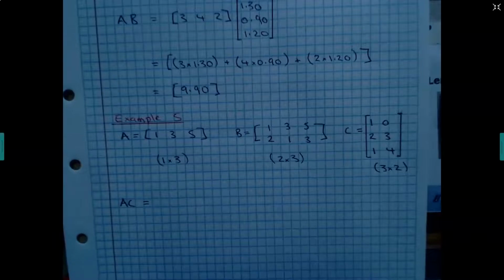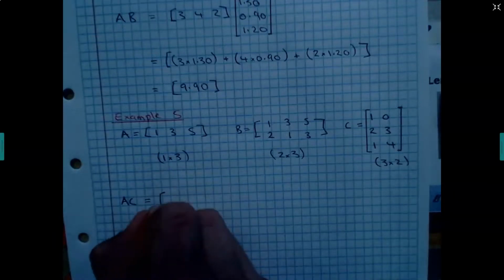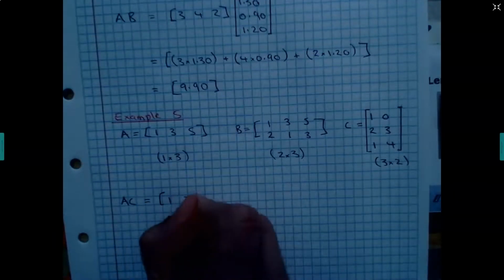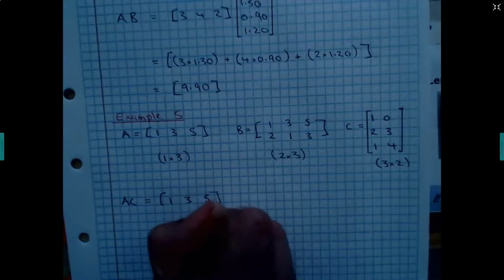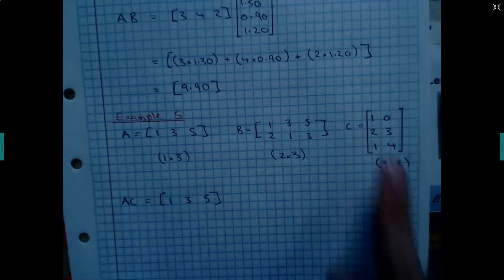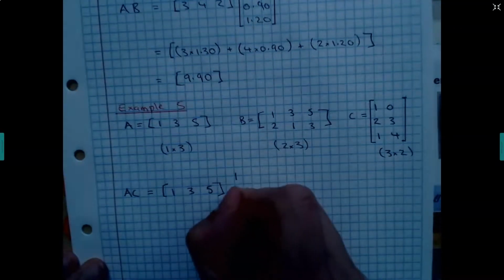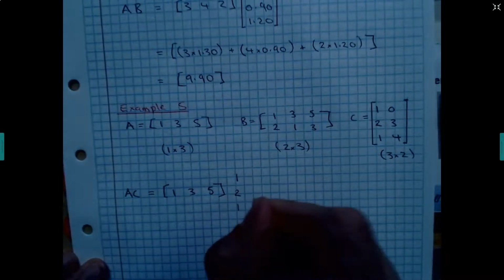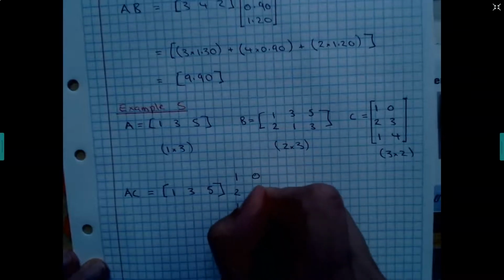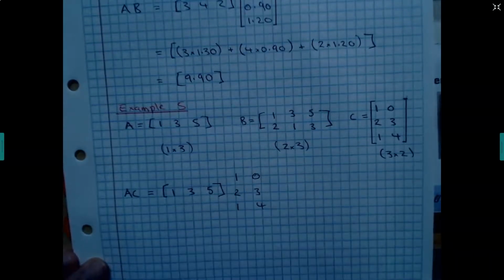So, I'll write them out. We've got 1, 3, 5 times this matrix here: 1, 2, 1, 0, 3, 4.